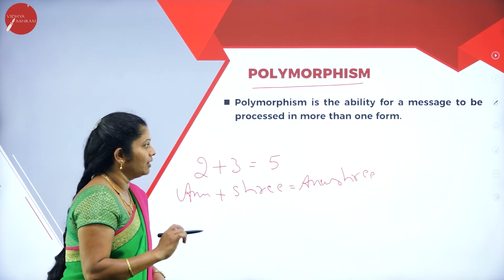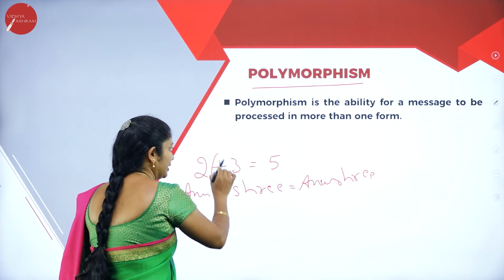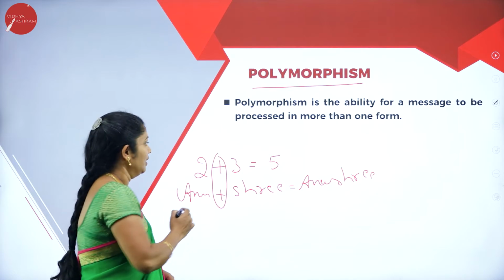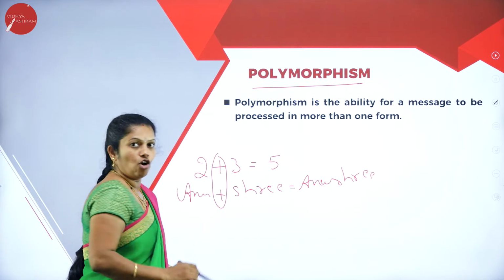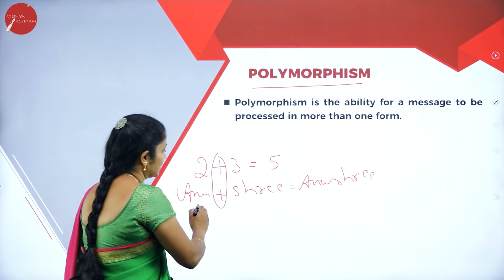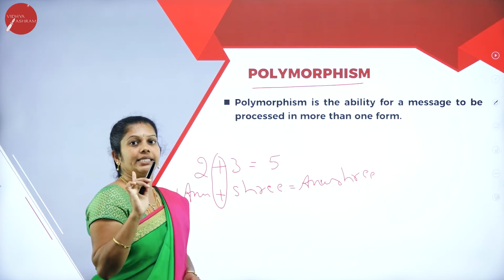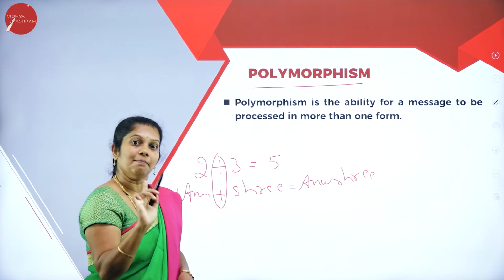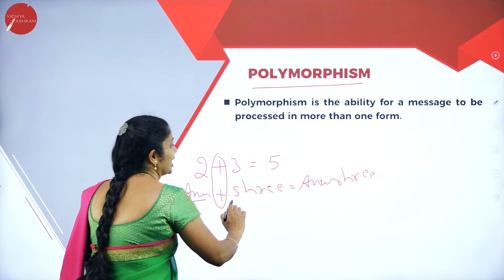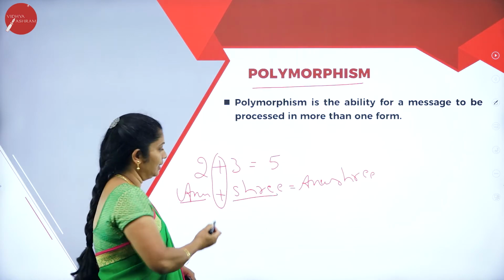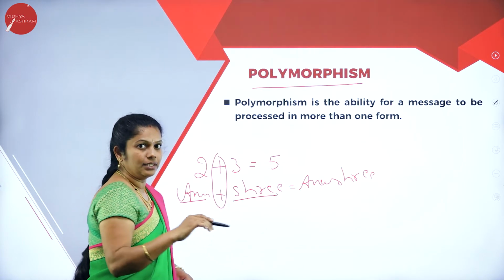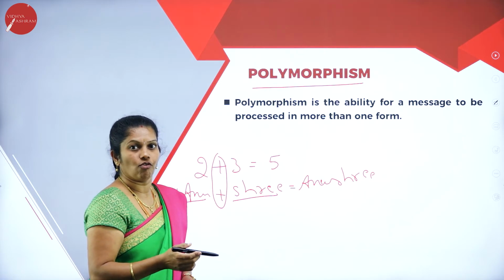Here in polymorphism, if you observe, in both cases I used a plus operator only. But here, it will perform addition of two numbers, whereas here, it will not do addition, it is just concatenating, combining. Both Anu as well as Shri are combined here. It is the ability of this operator to behave in more than one form.